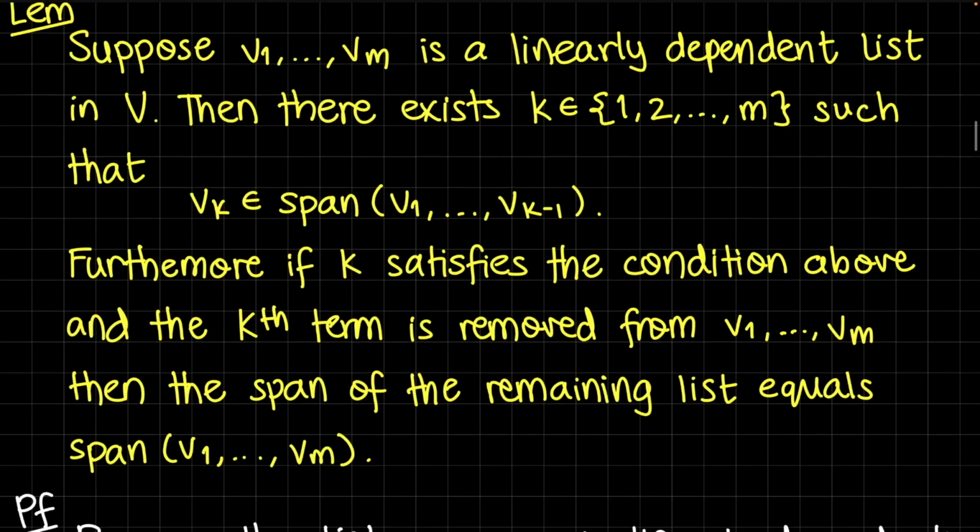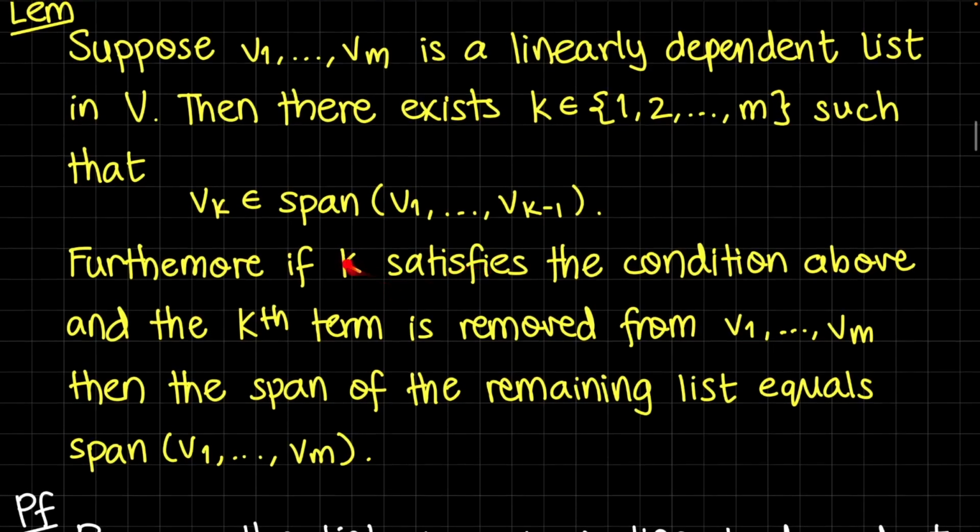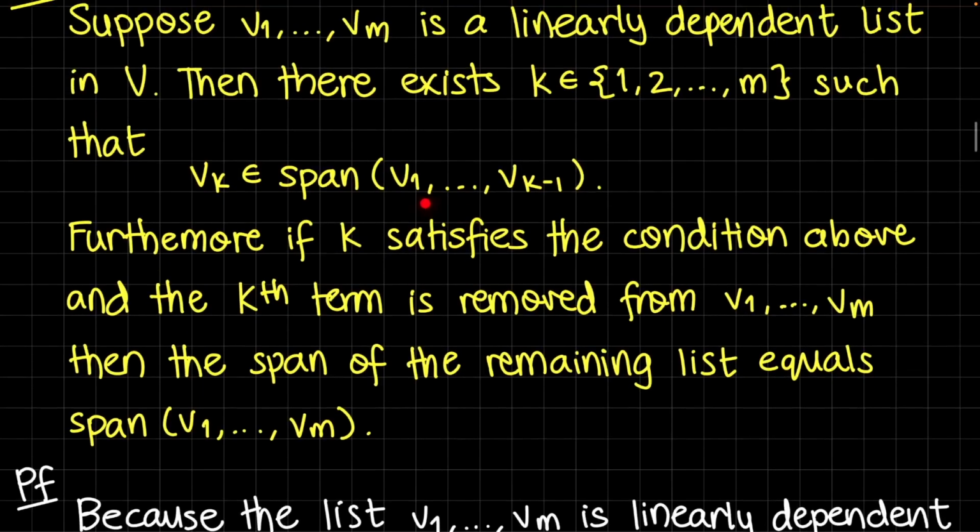Notice the ordering of this lemma: it guarantees that vk is in the span of the vectors before it. So the ordering is important. The third vector, for example, belongs to the span of the first and the second one. It's not depending on the vectors after.